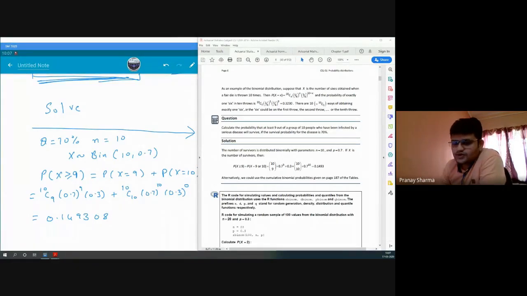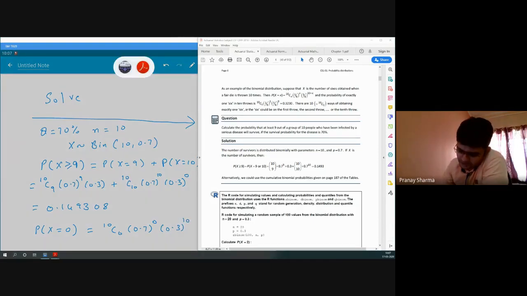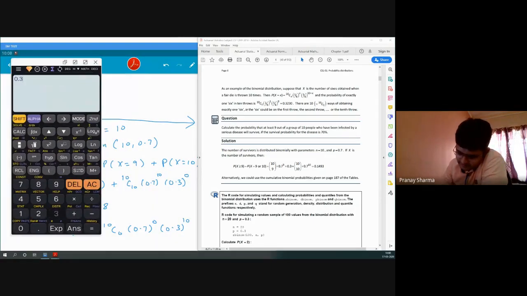Now in the same question, if I just ask you to find the probability of no one surviving, that will just be probability X equals 0. No one surviving would just be 10C0, 0.7 raised to 0 and 0.3 raised to 10. So it's basically 0.3 raised to 10, all of them dying.